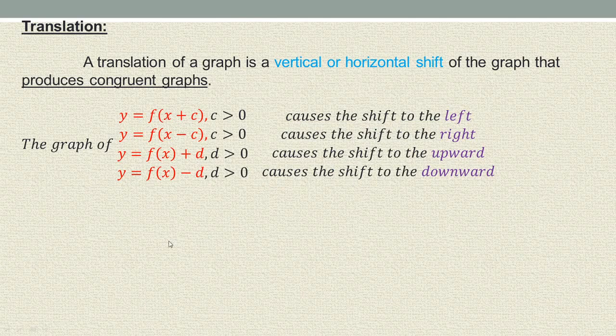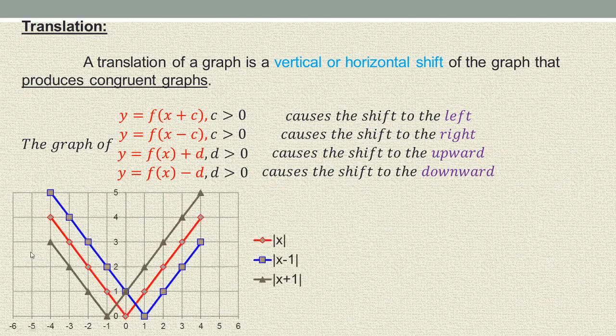So in this way, you can see I have drawn the diagram for you, and the center for this, I always colored red for the basic function. This red color is modulus x. This is the basic function f of x. f of x is modulus x.